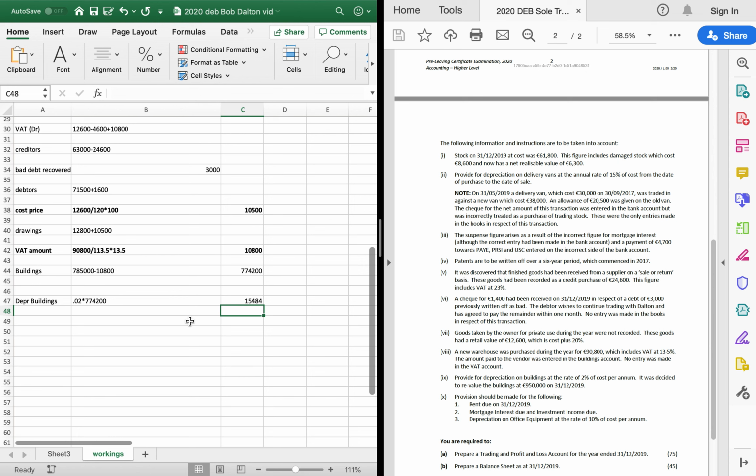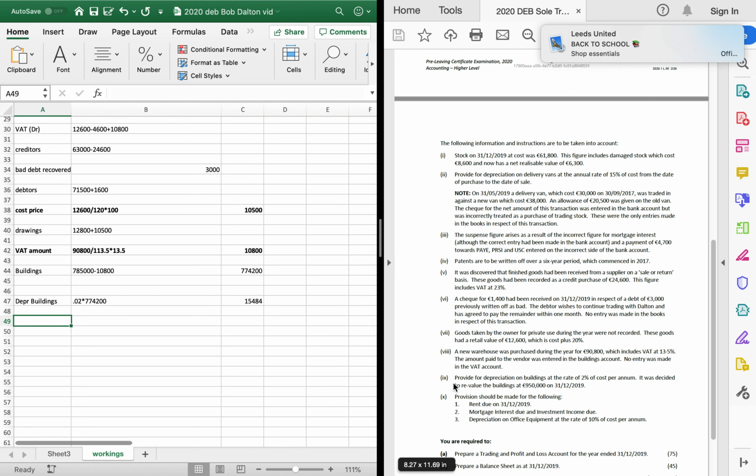It's 15,484. It's a stupid number, but anyway, it's correct. It's then telling you you're going to provide for revaluation of buildings up to 950.